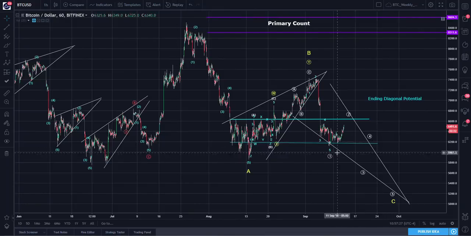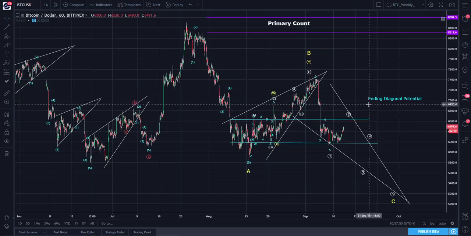Going back to this primary, we have A, B, C. Do you see that? Pun intended. And this three-wave-ish looking sequence very visually fits the form of an ABC, as you can tell.